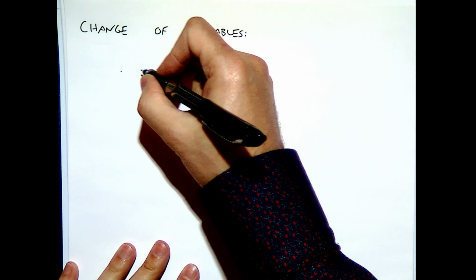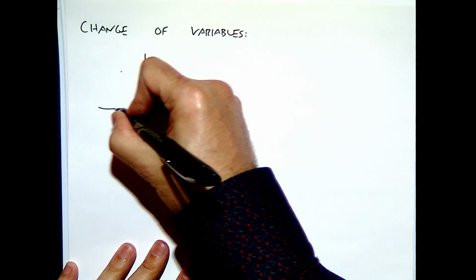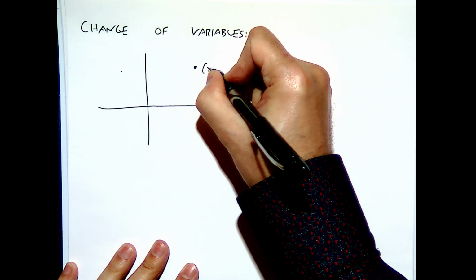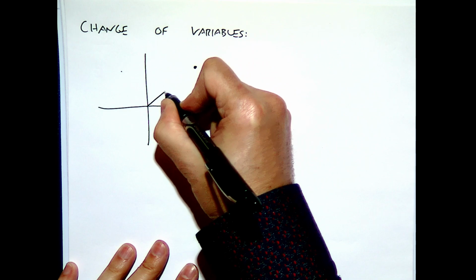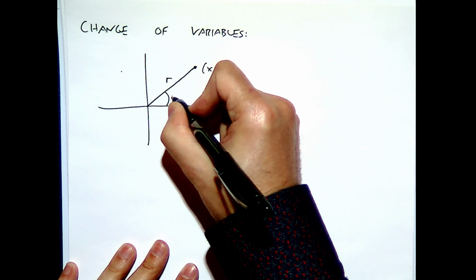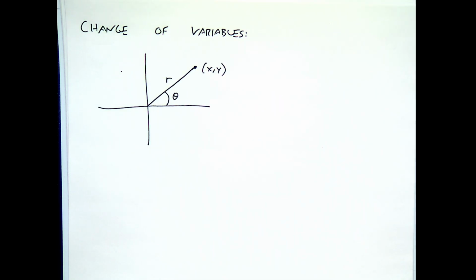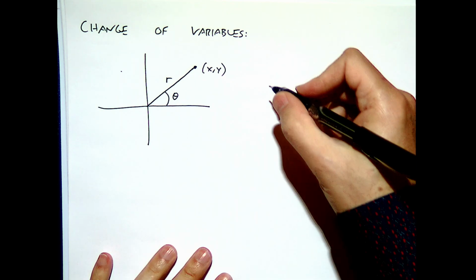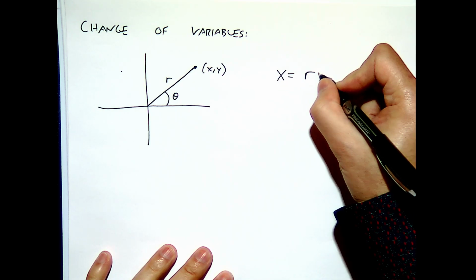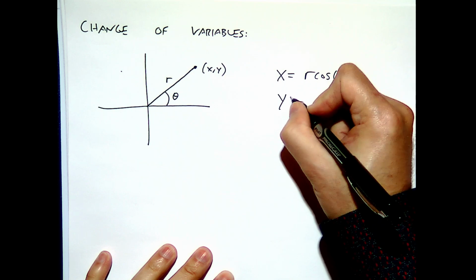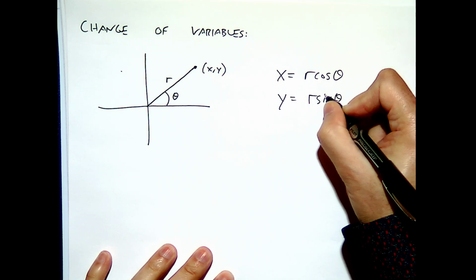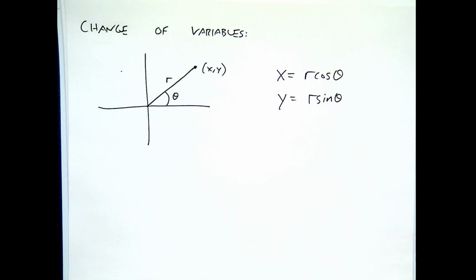So if I want to change from coordinates x comma y to coordinates r comma theta, I have a formula that goes back and forth between these things, right? So I know that x equals r cosine theta and y equals r sine theta. And in the same way, I can find the formulas for r and theta in terms of x and y, right?